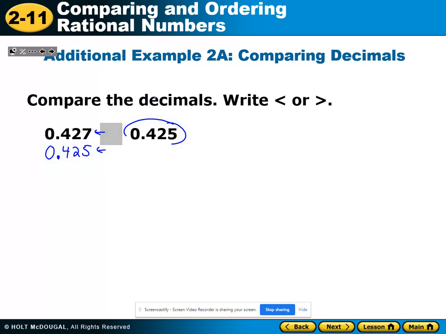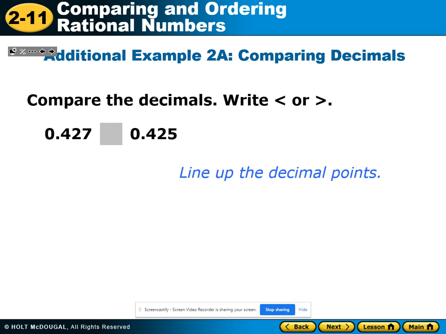Which one's bigger? 427 is bigger. I know that one's bigger, so I can put the greater than symbol in there. If you line up the decimals, you can compare them like they are regular, plain old numbers.